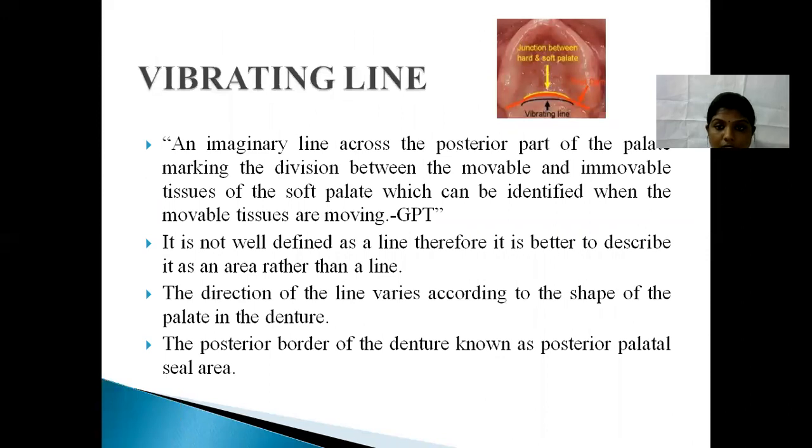The posterior palatal seal area comprises two vibrating lines, the anterior and the posterior. The anterior is recorded using the Valsalva maneuver, and it is Cupid's bow shaped because of the presence of the posterior nasal spine. The posterior vibrating line is recorded by saying "ah" in a normal way, and that line is straight.